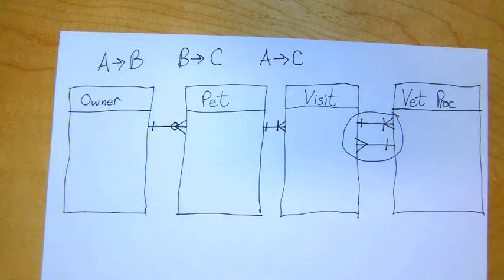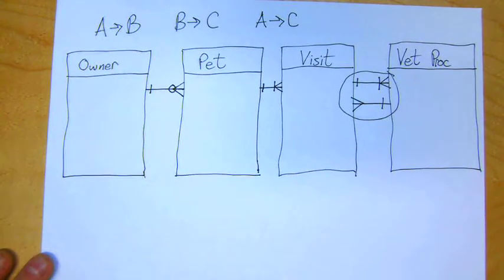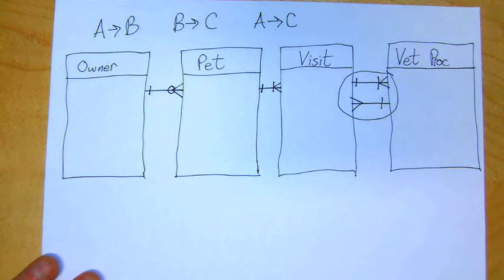So when you have a many-to-many relationship, there is a specific way that we have to resolve it. There's a specific thing that we have to do to make it work. And what we do is we create something called an associative entity, which is basically an entity that is a placeholder in between them.